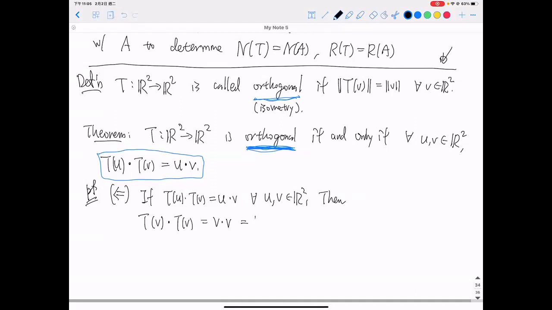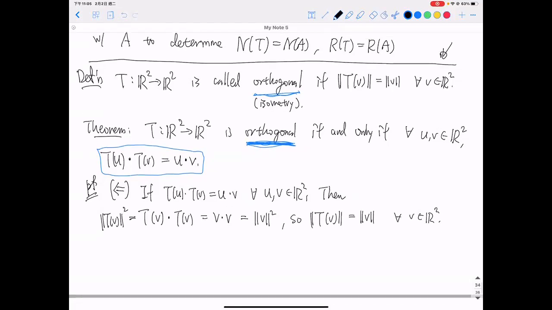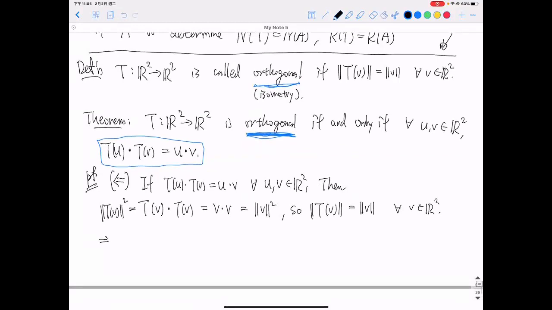V dot V is the square of the length of V, and TV dot TV is the square of the length of TV. So TV has length equal to the length of V for every V in R2. Okay, so that's straightforward.